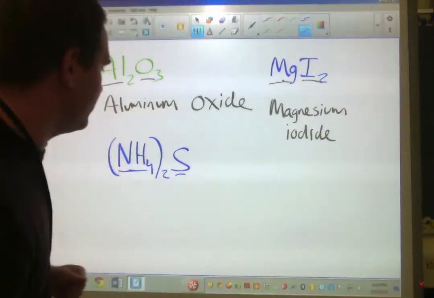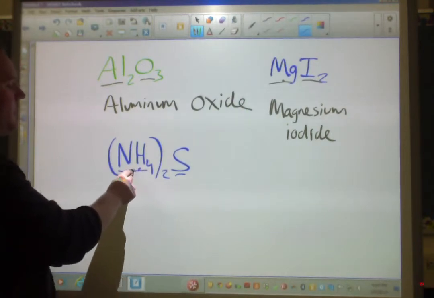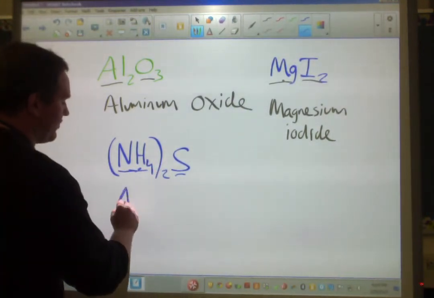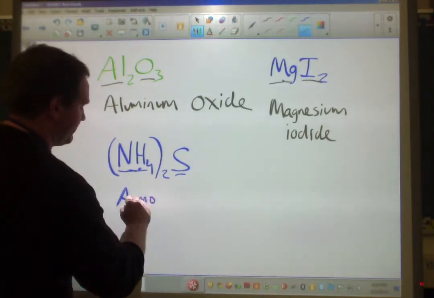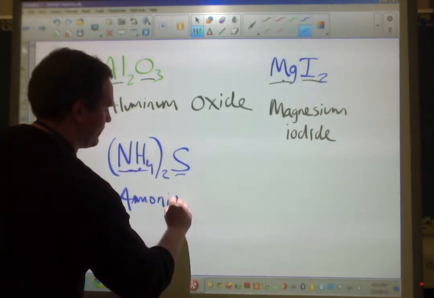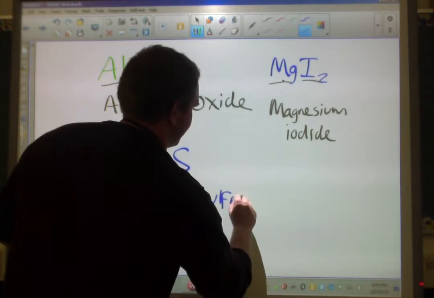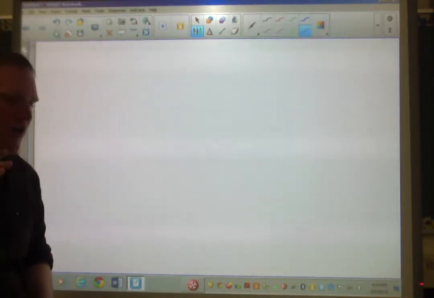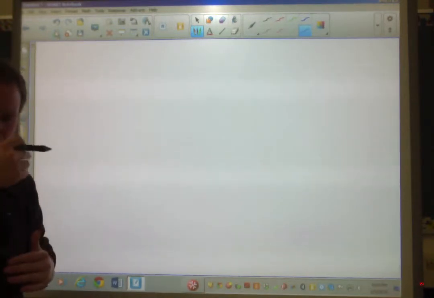Okay, we're good now. Losing battery. So, since ammonium is always +1, I don't need Roman numerals. I'm just going to call this ammonium sulfide. Just like that.